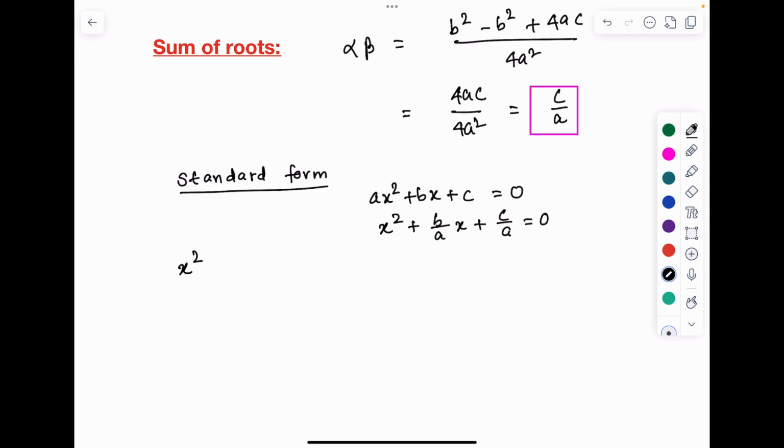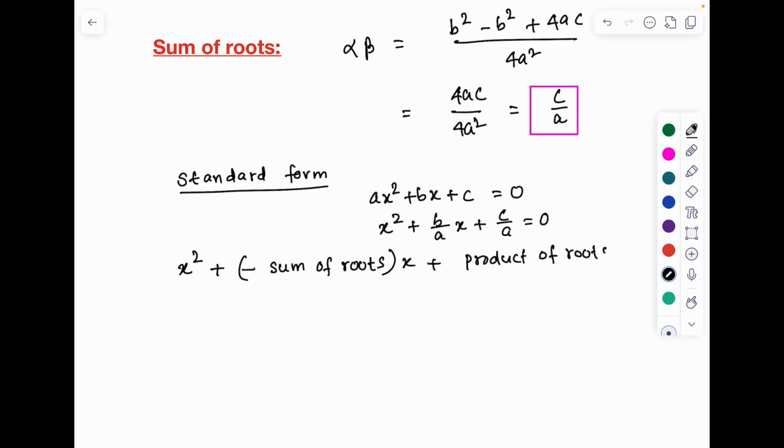And if we remember, x square plus, what is b by a? B by a is minus the sum of roots, into x, plus what is c by a? That is the product of roots.